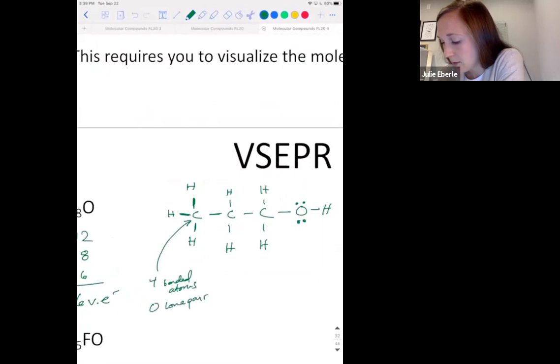So that adds up to 4 charge clouds. And remember, when this is the case, we call this tetrahedral.